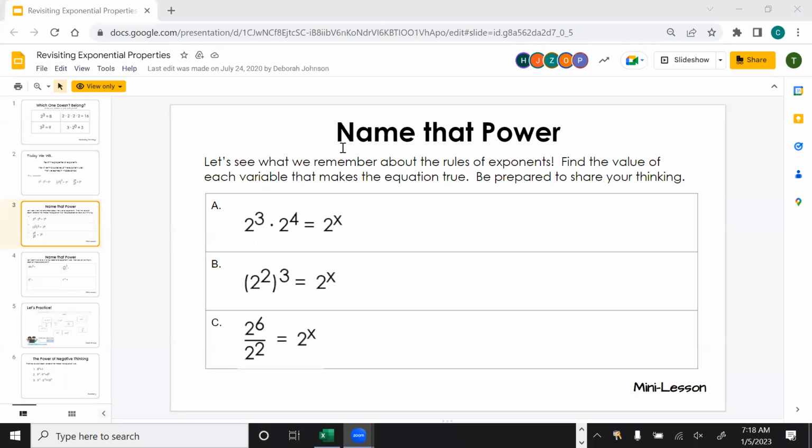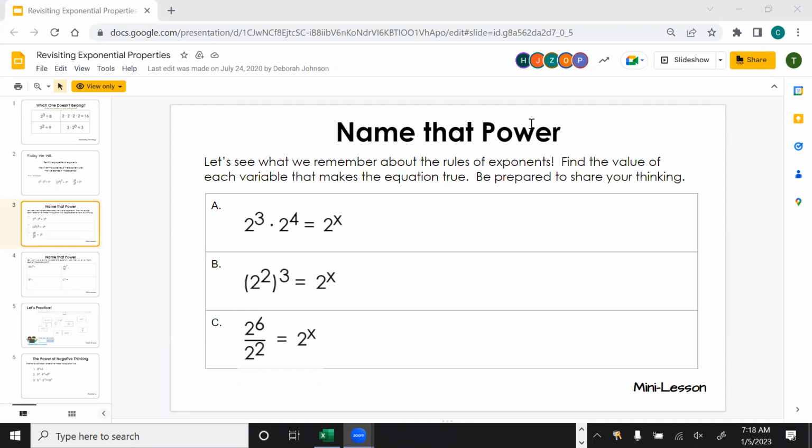Okay, so let's see what we remember about the rules of exponents. Find the value of each variable that makes the equation true. Be prepared to share your thinking. So just like what we did on the last one, you're doing that with these 3 problems. Now some of them are kind of similar. That's okay. What would we do on the first one? We're going to add. So what would x be? So 3 plus 4 is 7.